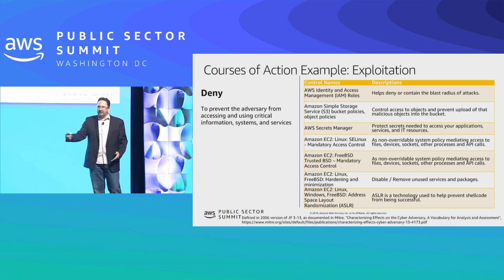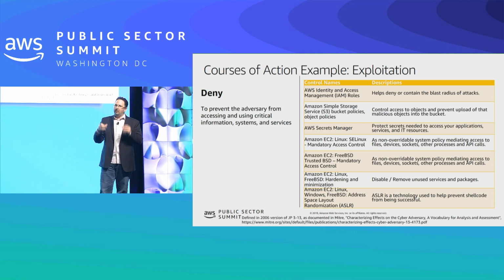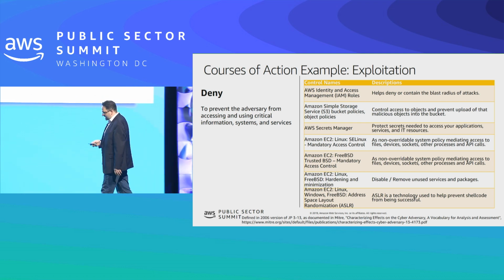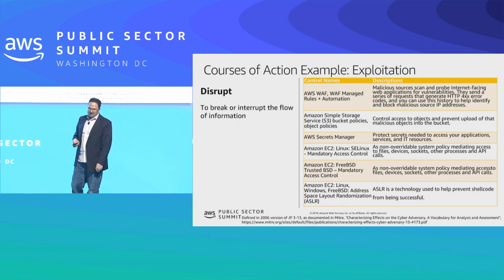So in terms of exploitation, if that user credential only has access for 15 minutes, it makes it much harder for the bad guy to break out and do things in an environment like that. It limits the blast radius, as we like to say at AWS.